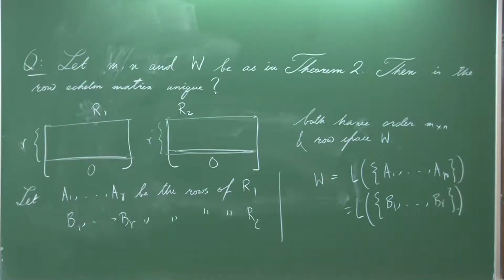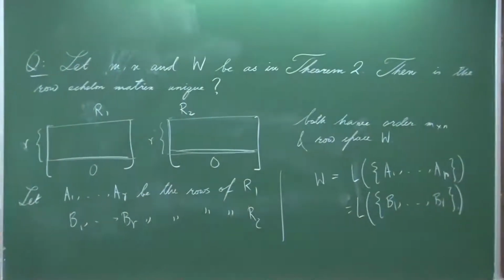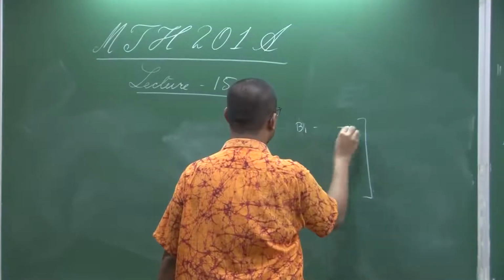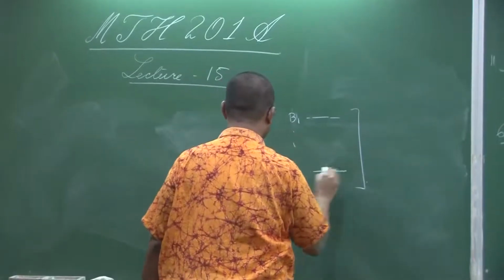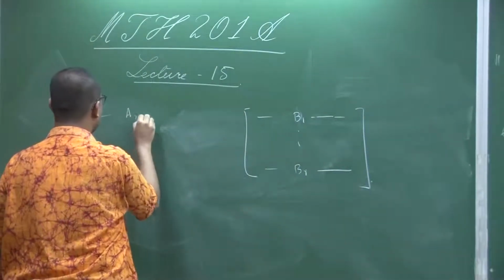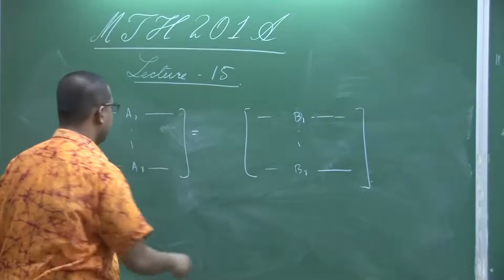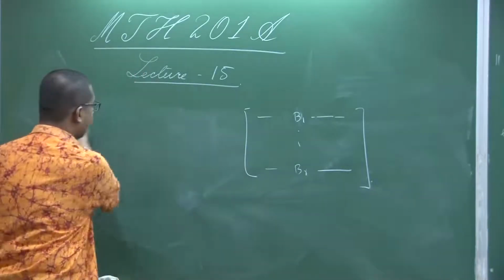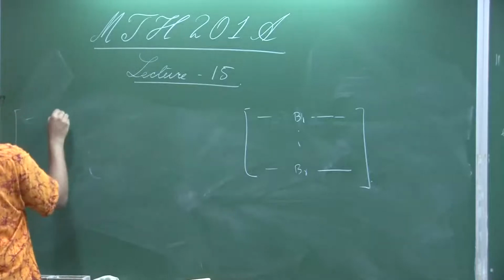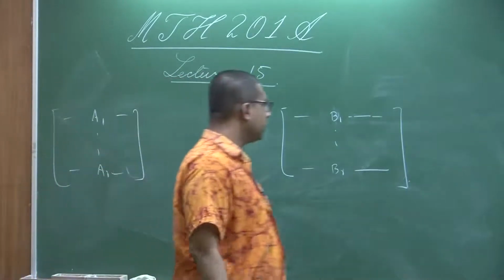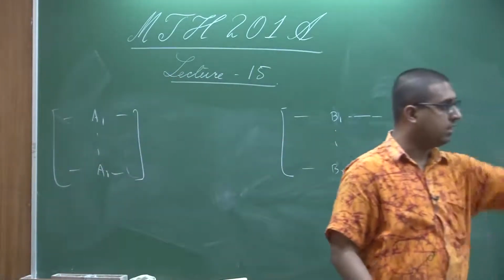Consider the following matrices, formed just by deleting the 0 rows: this matrix is B1 to Br, and similarly this matrix is A1 to Ar, with the rows put one under another. So A1 is a linear combination of the Bi's.